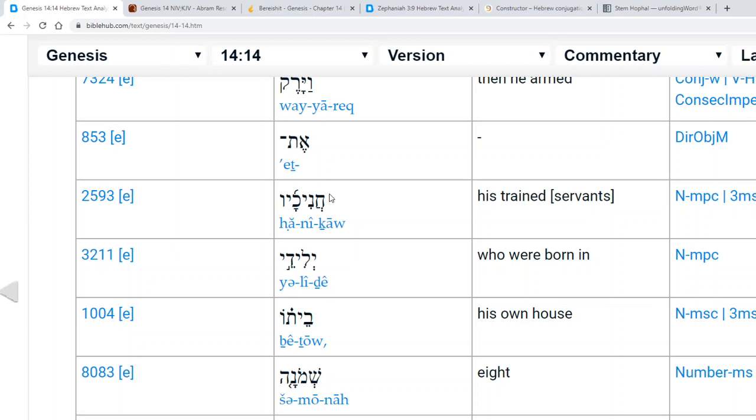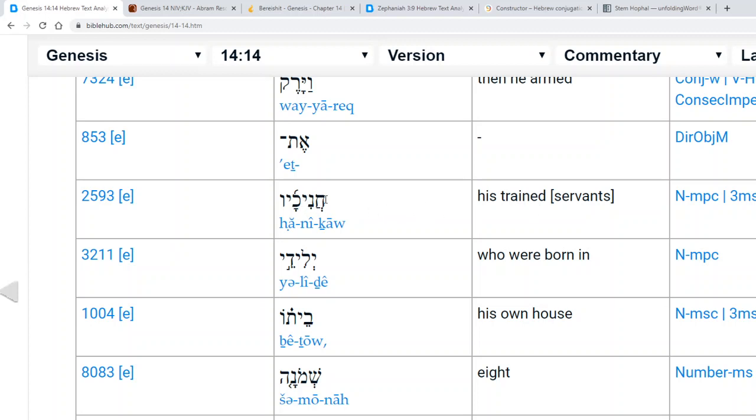I mean, usually when we say students, we say talmid, which comes from the root lamed mem daled, to study, lomed. But this is from chanuch, the people who were trained by him, to train.